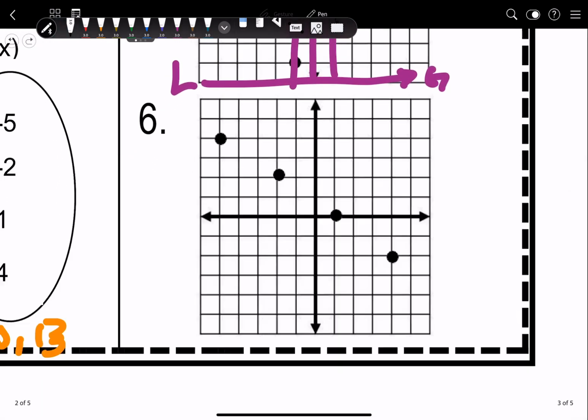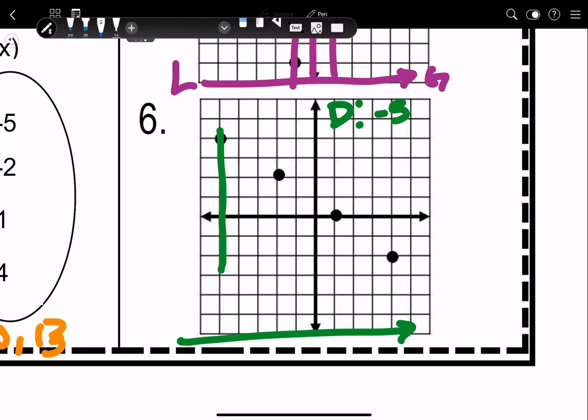So let's try it with this one right here. And these are spread out a little bit more, and that's okay. You're going to do the same thing and do it least to greatest. So start left to right. Our first one right here is going to be at negative 5. Now, I've forgotten something very important here. I need my curly bracket.